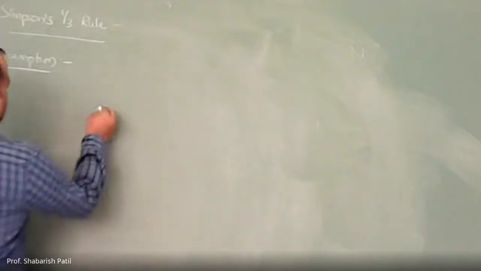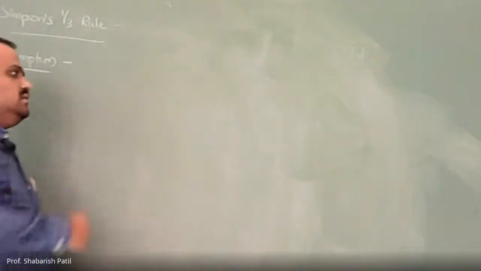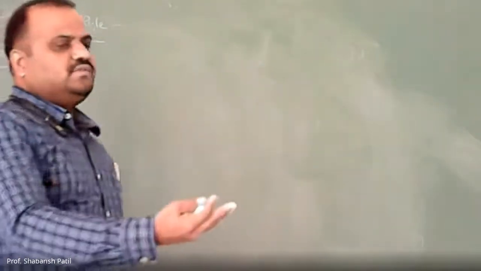So we'll go with the derivation here. First, we'll derive the formula for Simpson's one-third rule. I'll take first only 3 offsets for the derivation. Later, we will expand the same formula for n number of segments.